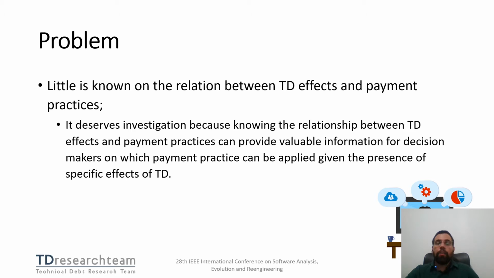However, little is known about the relation between TD effects and payment practices. It deserves investigation because knowing this relationship can provide valuable information for decision makers on which payment practice can be applied given the presence of a specific TD effect.